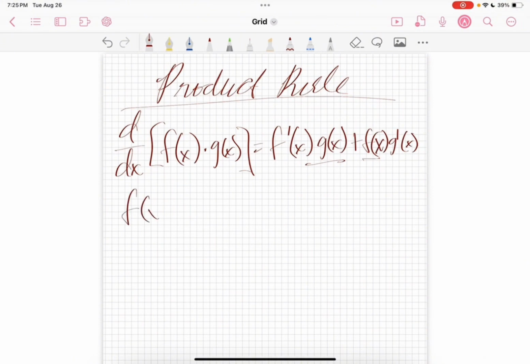For example, if we are given x times sine x, we have identified the two functions x and sine x, and then find the derivative of each, which f prime of x will be 1, which is the derivative of x, and g prime of x, which is cosine x, the derivative of sine of x.